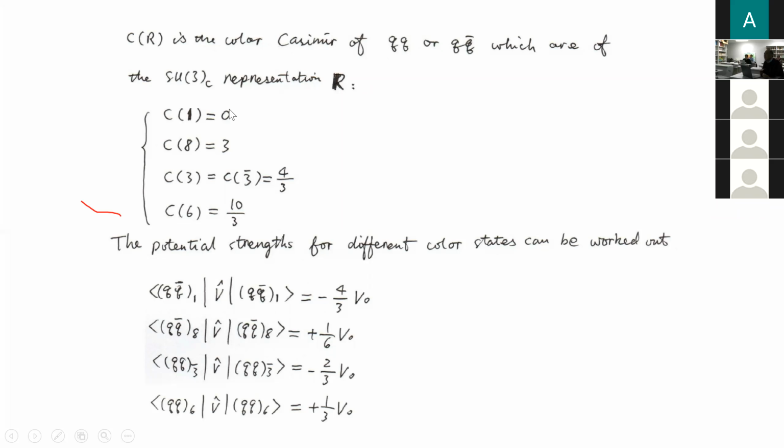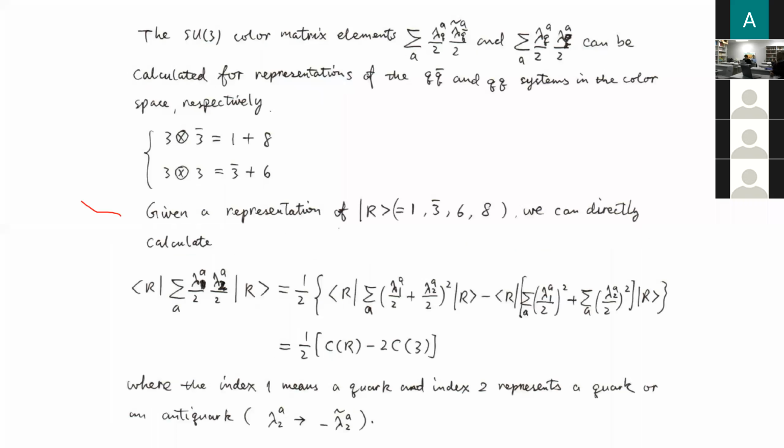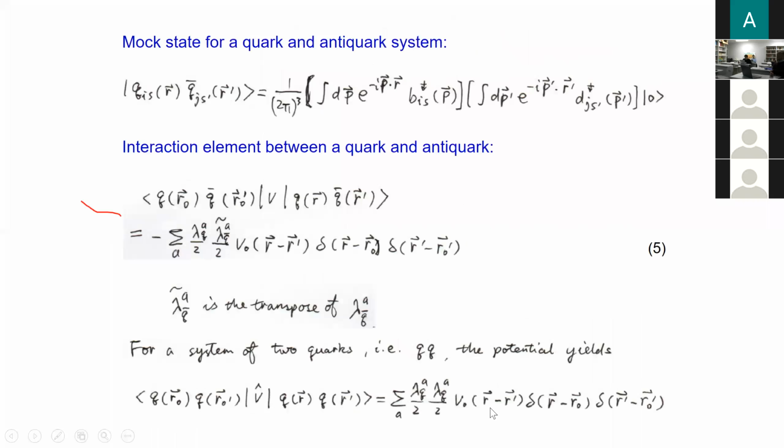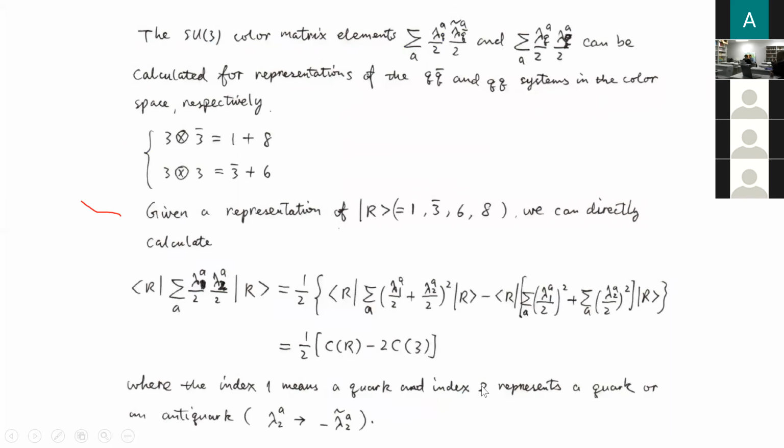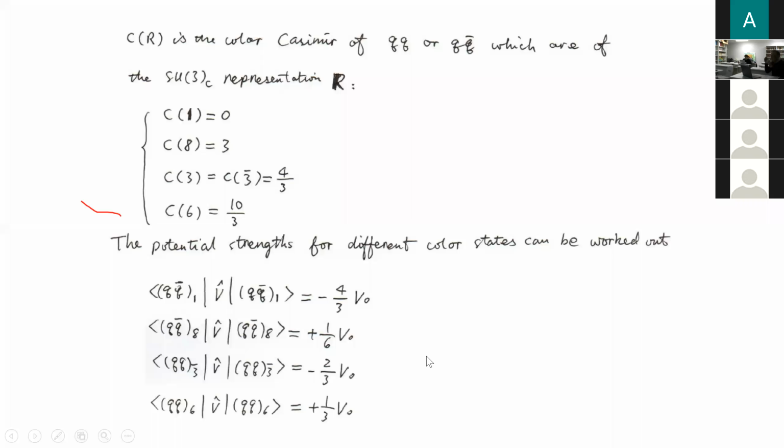Each of these color coefficients gives you the coupling: for the color singlet, it gives you 0; for the octet representation, you have a coefficient of 3; for the 3 bar, you have 4 thirds; and for the 6 representation, you have 10 thirds. You substitute this into these V elements that I just mentioned before, and this gives you the potential, either attractive or repulsive.